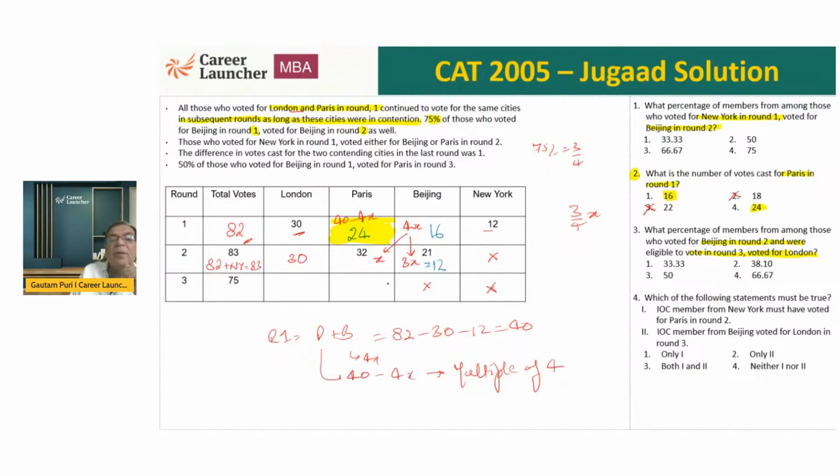If 4x is equal to 16, x is equal to 4. Out of the 16 people who voted for Beijing in round 1, 12 continued to vote for Beijing in round 2 and 4 voted for Paris in round 2. Okay. This is what we are working with at this point of time. I'm just erasing this part, not relevant anymore.